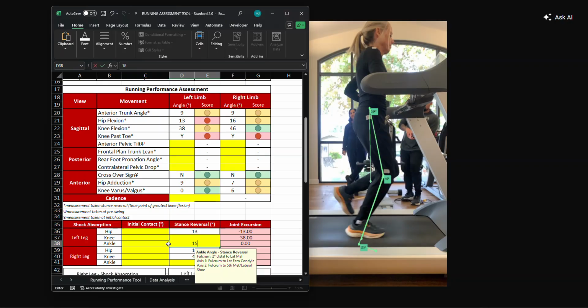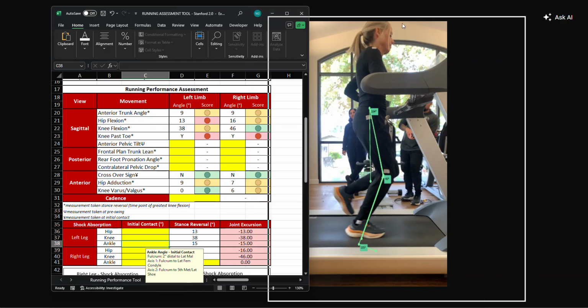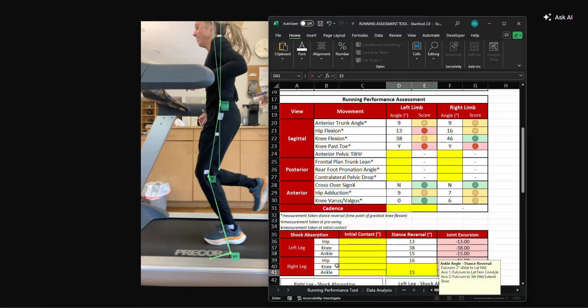So it would be at 15 degrees of dorsiflexion. And for the left, we did not actually write that one down, and that was identical. So 15 and 15 respectively. I actually swapped those. I wrote the right one in here, but because they're the same, it doesn't matter.